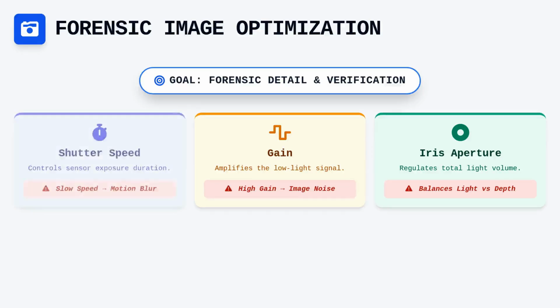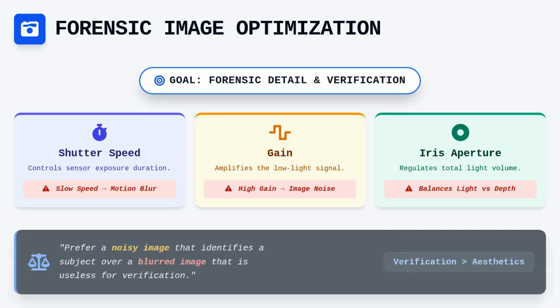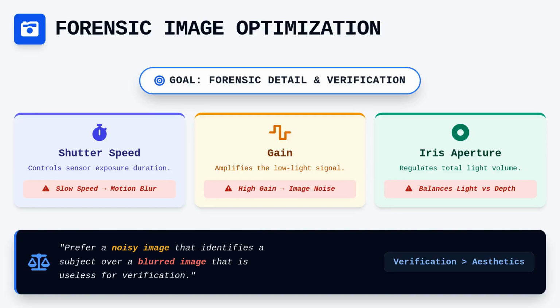Conversely, a slow shutter speed improves low-light capture by keeping the sensor exposed for a longer duration, but this inevitably introduces motion blur. An engineer must weigh these trade-offs, preferring a noisier image that retains the ability to identify a subject over a smooth, grain-free image that is fundamentally motion-blurred and useless for verification.